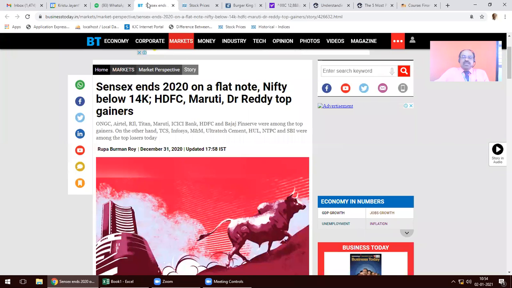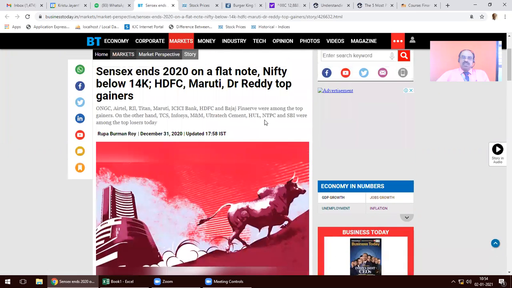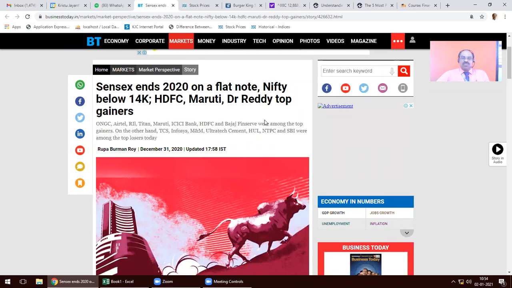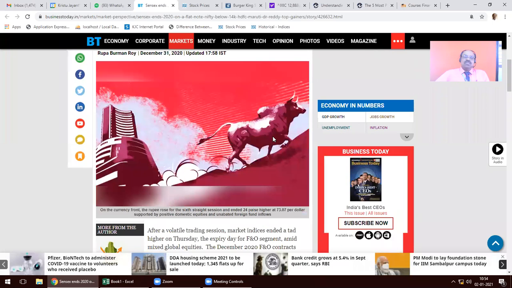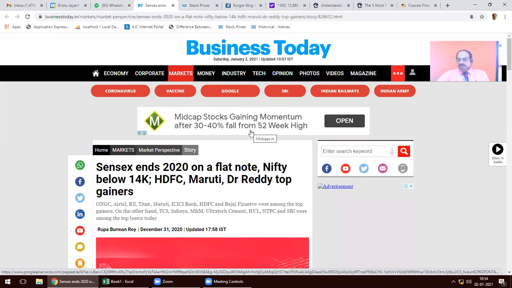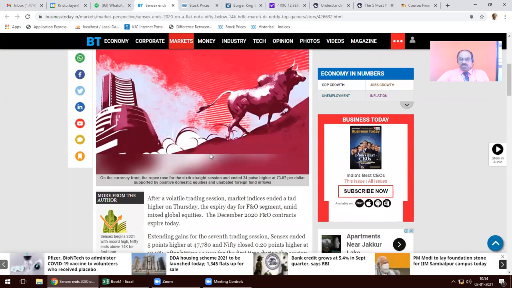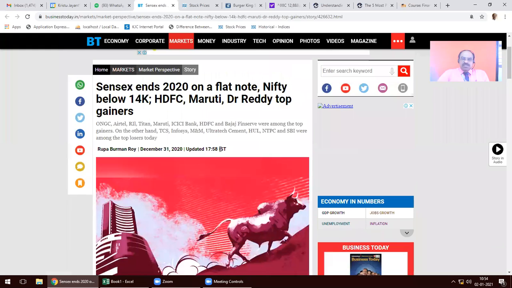So simply in this infographic they clearly explained what happened in the Indian stock market. You can see a nice diagram. I think it is from the Business Today newspaper, published on 2nd January, just updated at 10 o'clock. The same news has been updated. So what they are showing, you can see. Simply the graphics will show what happened during 2020.